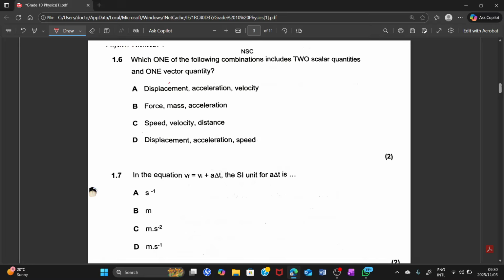Okay, displacement is a vector, and then this is a vector, scalar, vector. Speed is a scalar, vector, scalar. Okay, so the answer is C. I hope we are good on that one.